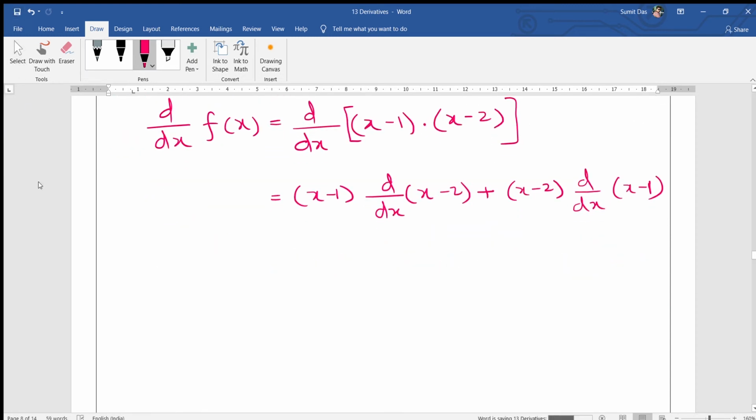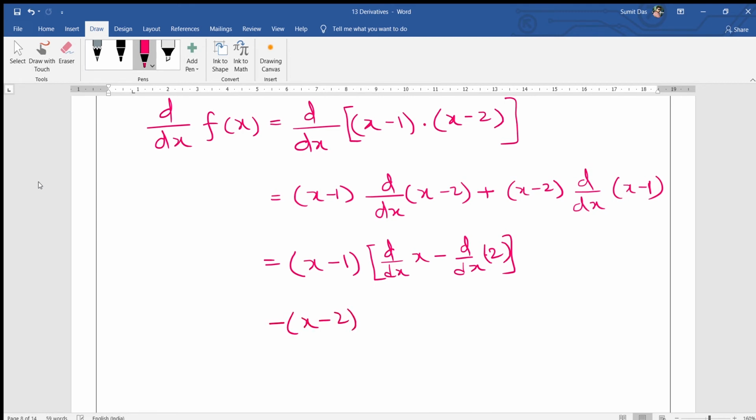Now, x minus 1 times d/dx of x minus d/dx of 2, and here x minus 2 times d/dx of x minus d/dx of 1.